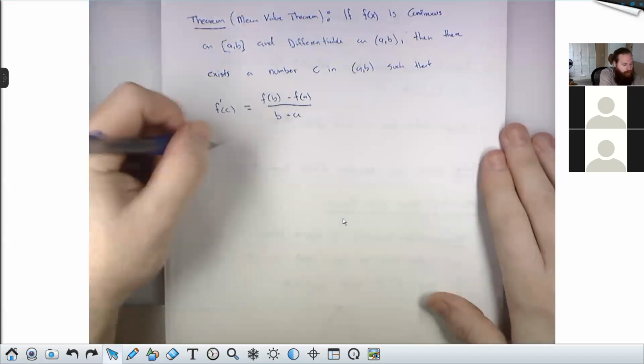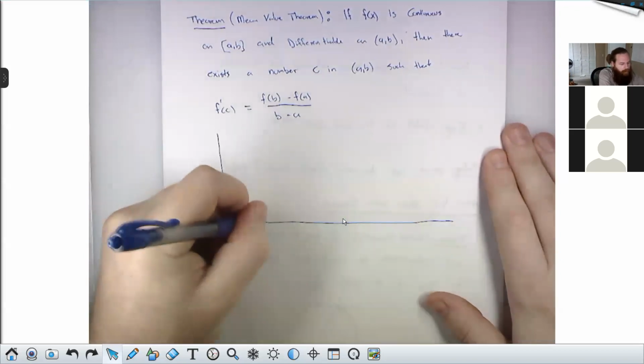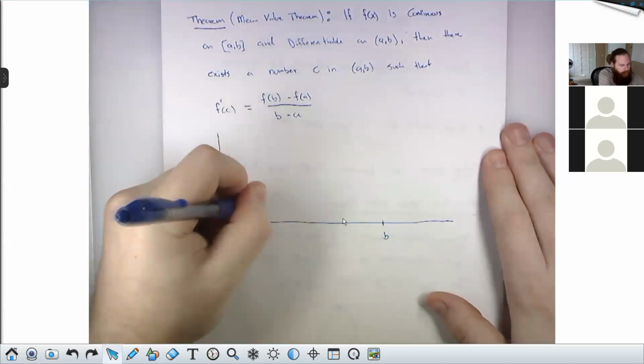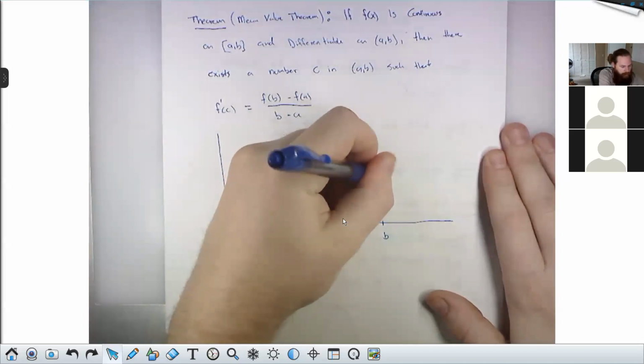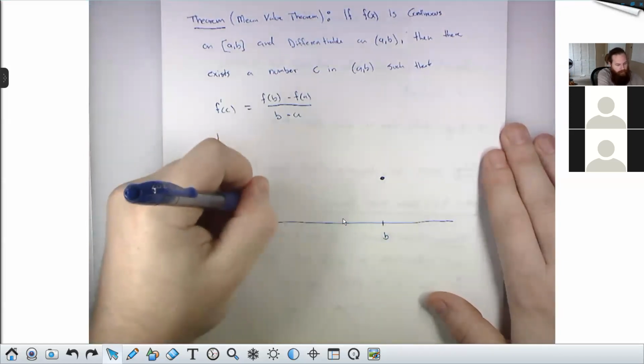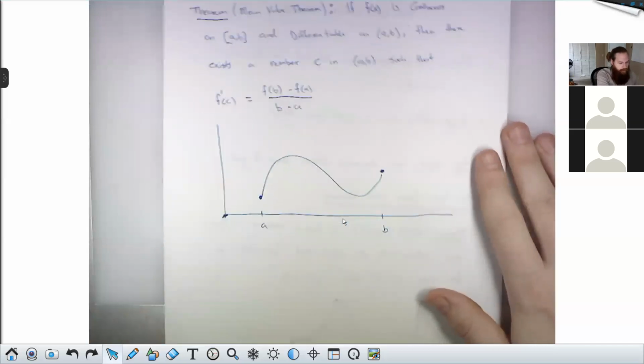And the picture that goes with this is very similar to the Rolle's theorem picture, except now I don't require that a and b have y values at the same height. So here's the idea.